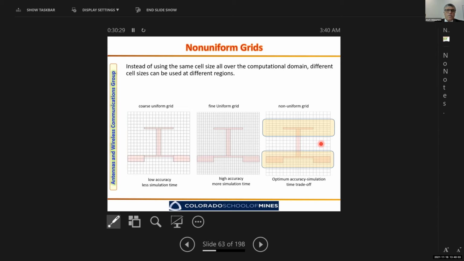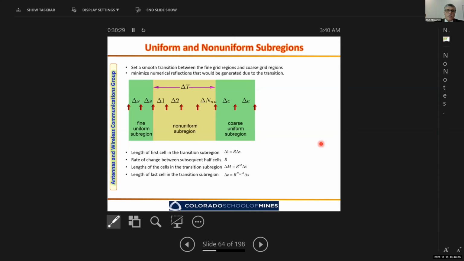And we have done this by transitioning from the coarse mesh to the fine mesh with a gradual decrease in the mesh size so that we do not introduce artificial reflection from a sudden transition from coarse mesh to fine mesh.